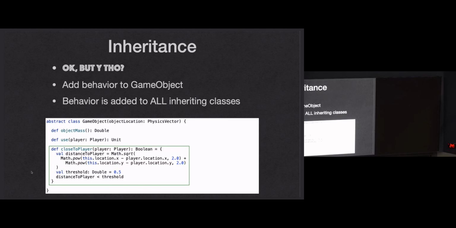I just want the same behavior from both of them. Well, we can just define that in the game object class. I can define a method, a good bit of code, and just automatically get this method in every health potion and every dodgeball. Every health potion and dodgeball will automatically have this close to player method because it's defined in game object. They all inherit this method.